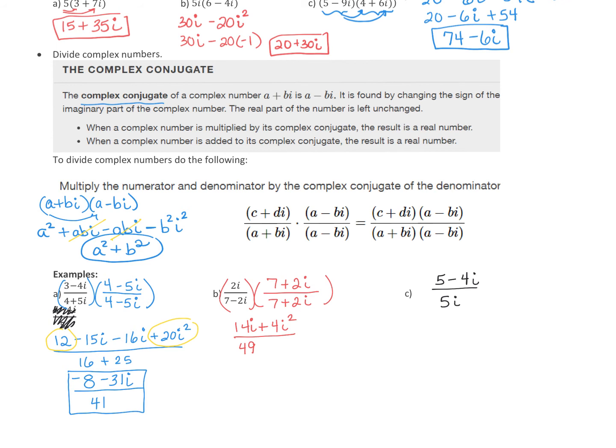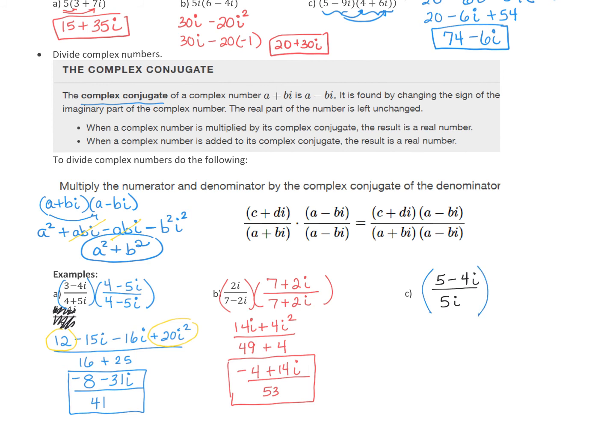We don't have to worry about the insides and the outsides. And we'll get minus 4i squared, or plus 4. And our result here is minus 4 plus 14i over 53. And again, our only goal is to get the i term, because it's a radical, out of the denominator.